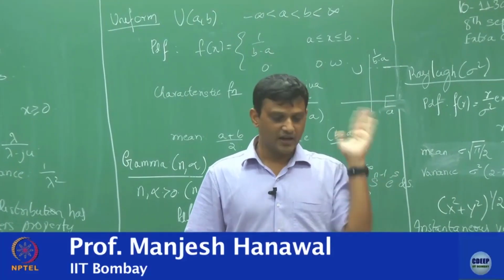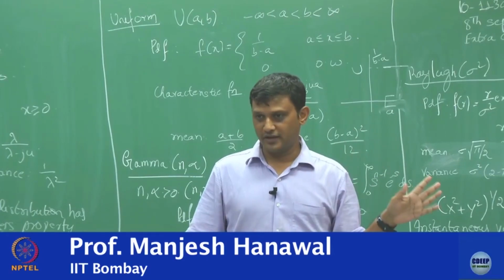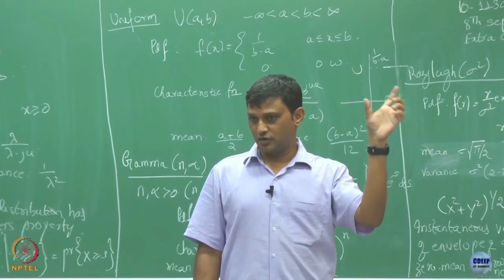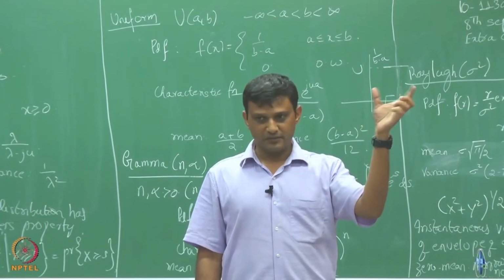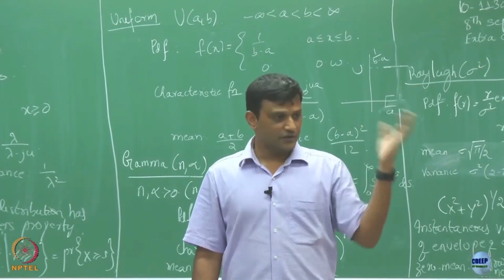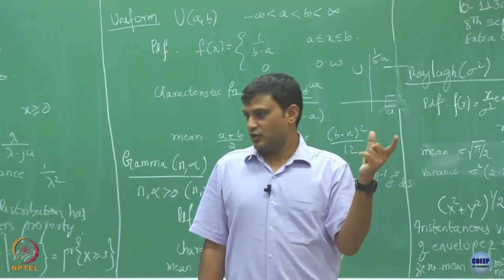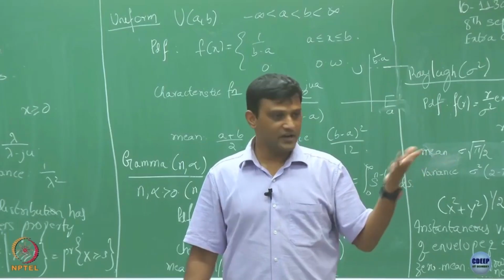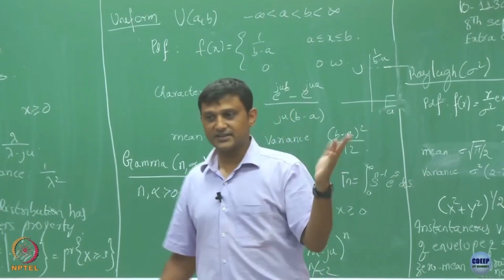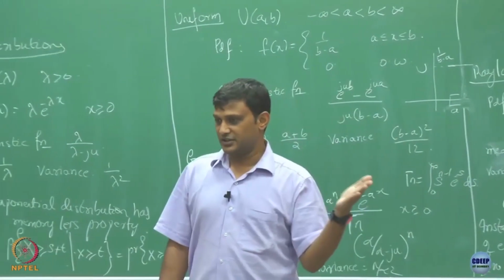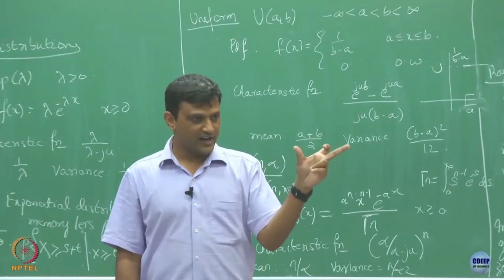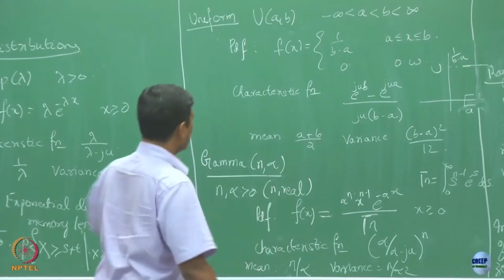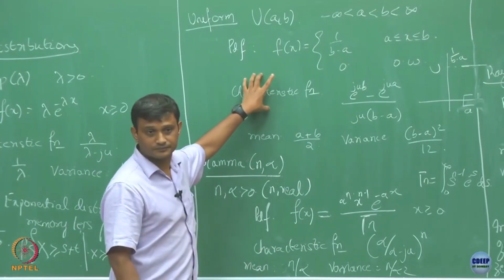Let us say I was just born today and I have to choose the temperature tomorrow, and I was told that it will be something between 20 to 30. If I do not have any prior information, I am going to think that everything is equally possible. So when you have to model some randomness about which you do not have any prior information, you would go with uniform distributions.